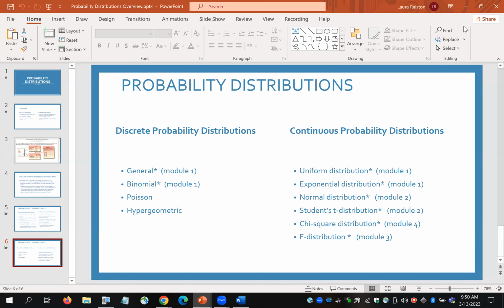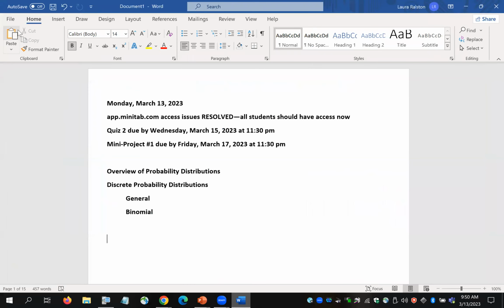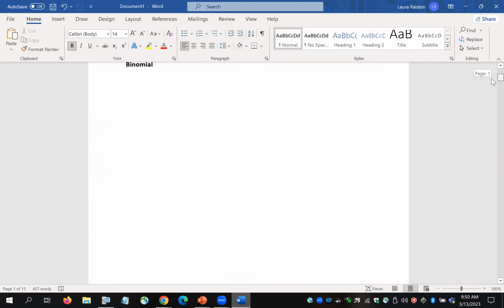Now, I did get ahead of myself just a wee bit. I jumped straight into probability distributions, but we probably should have talked briefly about probability before we jumped into that discussion.